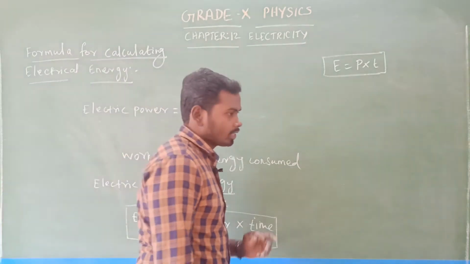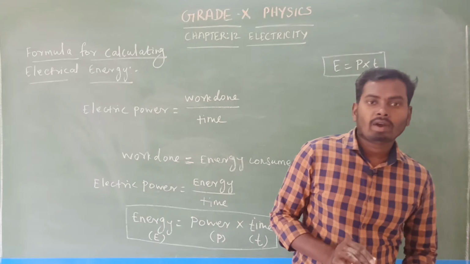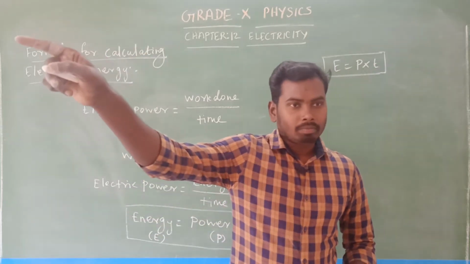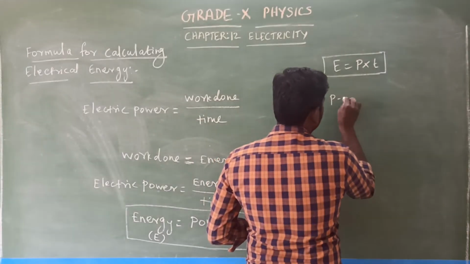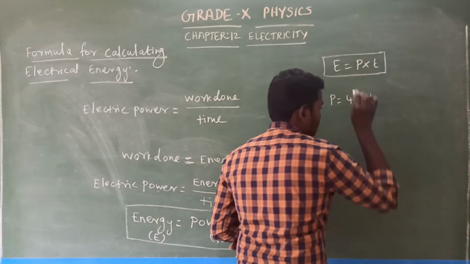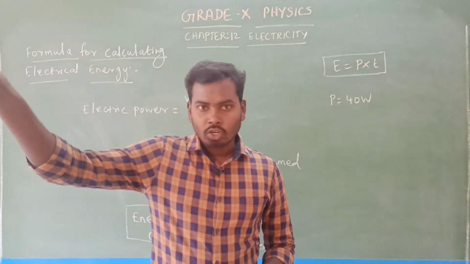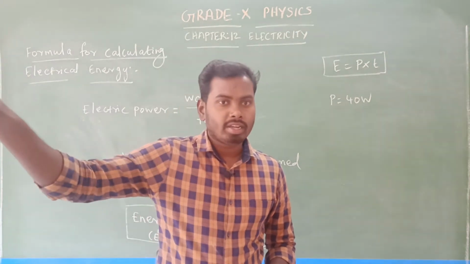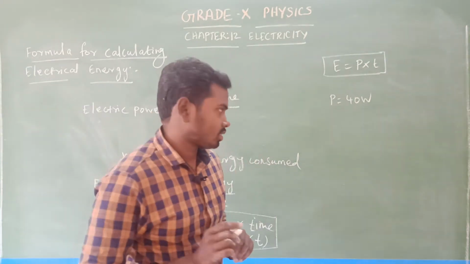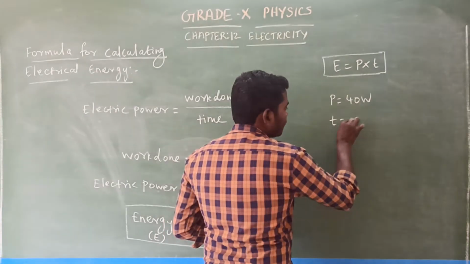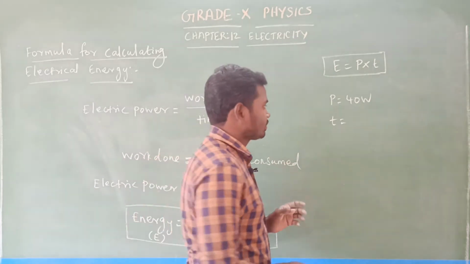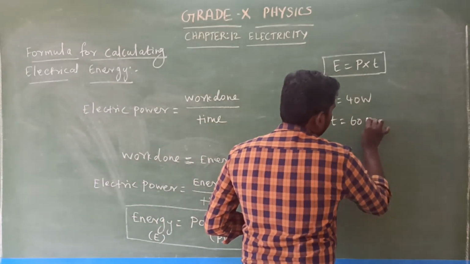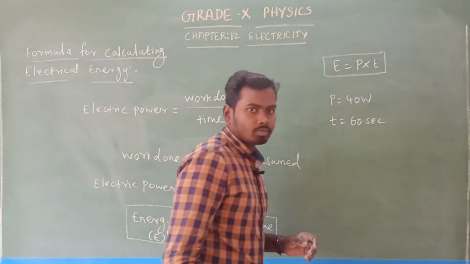Look here, for example: the tube light power rating is 40 watt. The tube light is glowing for 60 seconds. Now what is the energy?